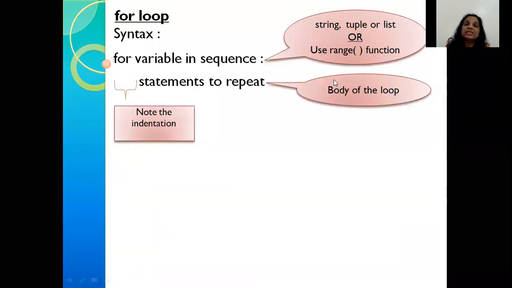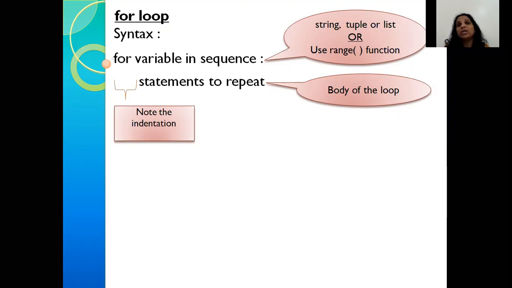Now this is the syntax of the for loop. You write for, that's the keyword. You write the name of any variable that you want to use in your program. You write the keyword in and a sequence. Now a sequence could be a string, a list, or a tuple. If you remember in chapter 2 under data handling, we learned sequence data types were strings, tuples, or lists.